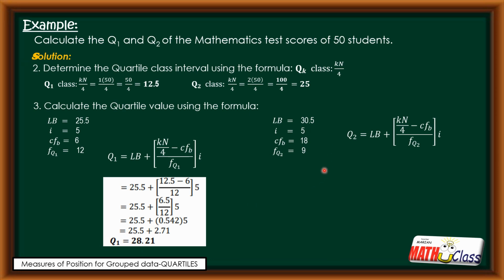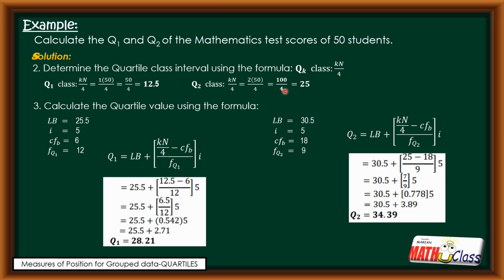28.21. For Q2, the value of the expression kn over 4 in the formula can still be found in step 2. So for Q2, the value of kn over 4 is 25. Let us do the operation. Q2 is equal to 30.5 plus the quantity of 25 minus 18 over 9 times 5. 25 minus 18 is equal to 7. 7 divided by 9 is equal to 0.778, times 5 is equal to 3.89.